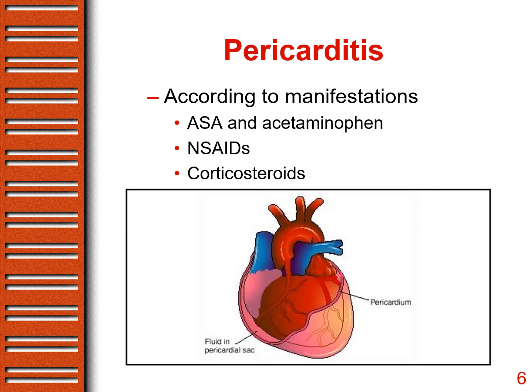A procedure called a pericardiocentesis may be indicated to remove pericardial fluid that builds up in the pericardial sac. Nursing diagnoses include acute pain, ineffective breathing pattern, risk for decreased cardiac output, and activity intolerance.